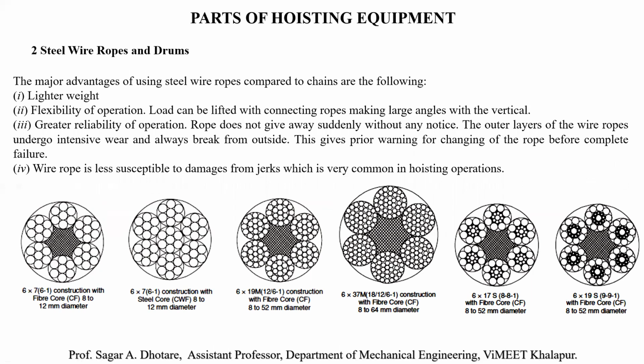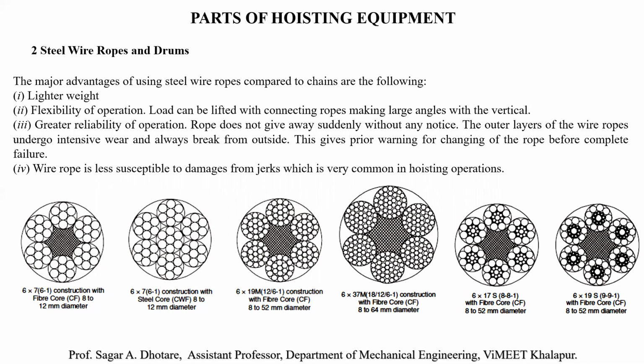The main and important thing is the steel wire rope, because the ropes are made from cold drawn steel, specially heat treated, with ultimate strength of 130 to 200 kg per mm square.